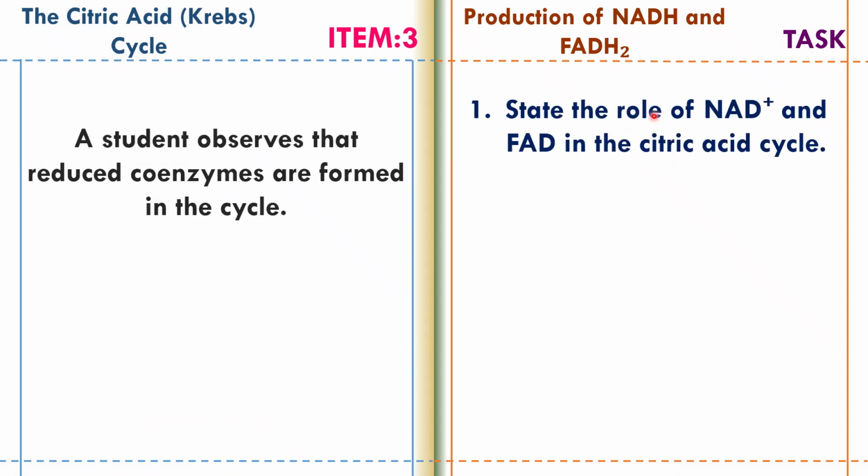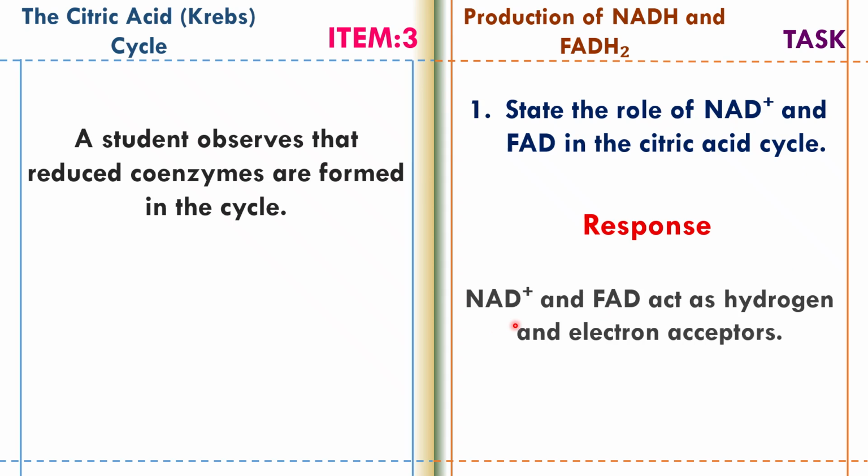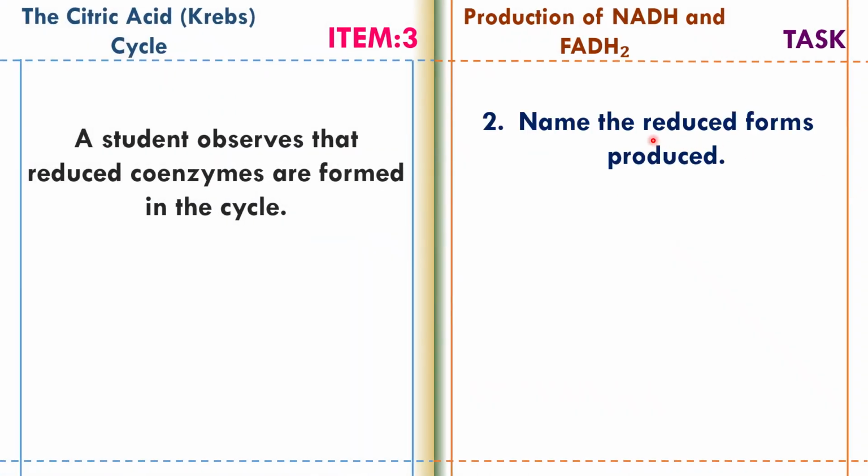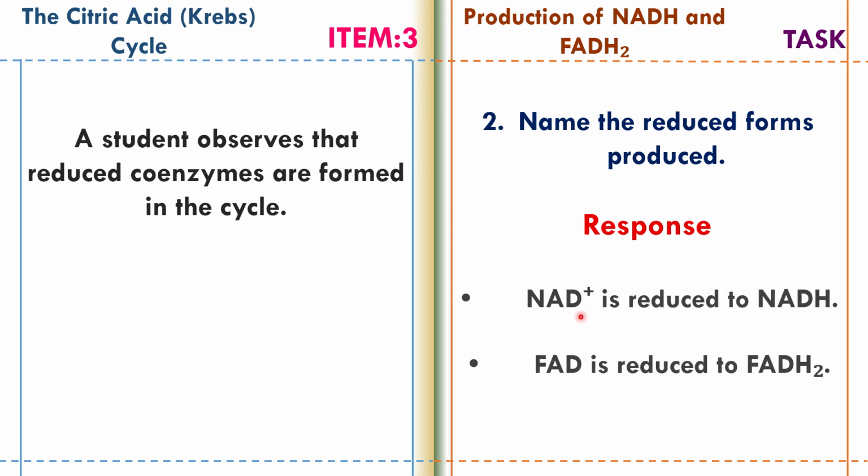State the role of oxidized NAD and FAD in the citric acid cycle. NAD and FAD act as hydrogen and electron acceptors. Name the reduced forms produced. NAD is reduced to NADH.